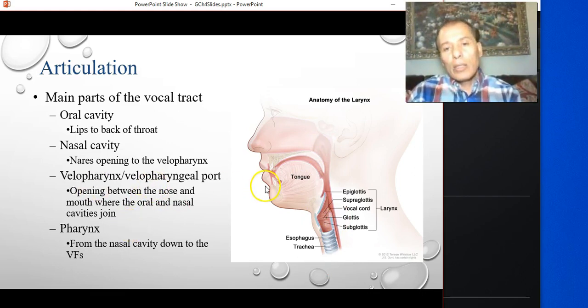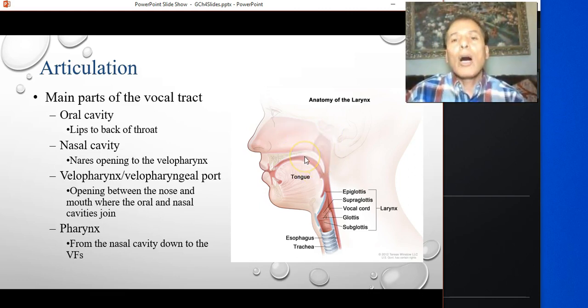Then the area that is between the nasal cavity and the oral cavity here, between the velum and the back of the throat here, is called the velopharyngeal port, or the velopharynx sometimes, but better call it the velopharyngeal port, because when you elevate that velum, lift it up, you separate the nasal cavity from the oral cavity.